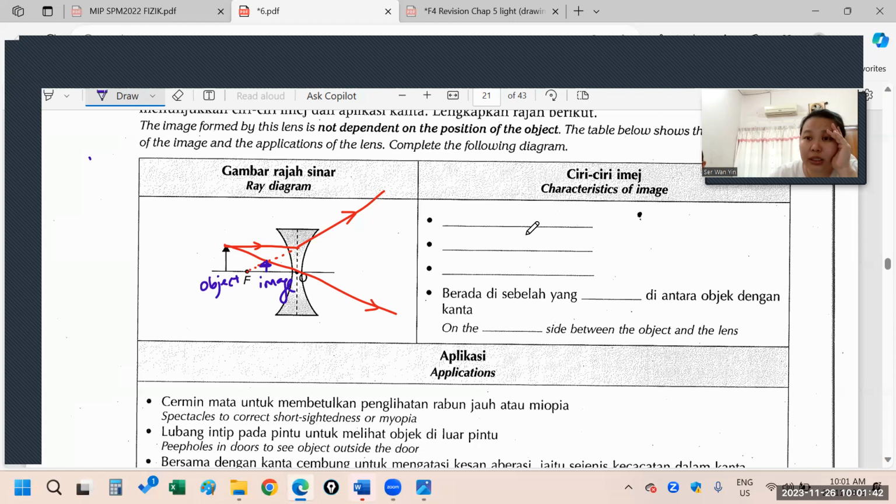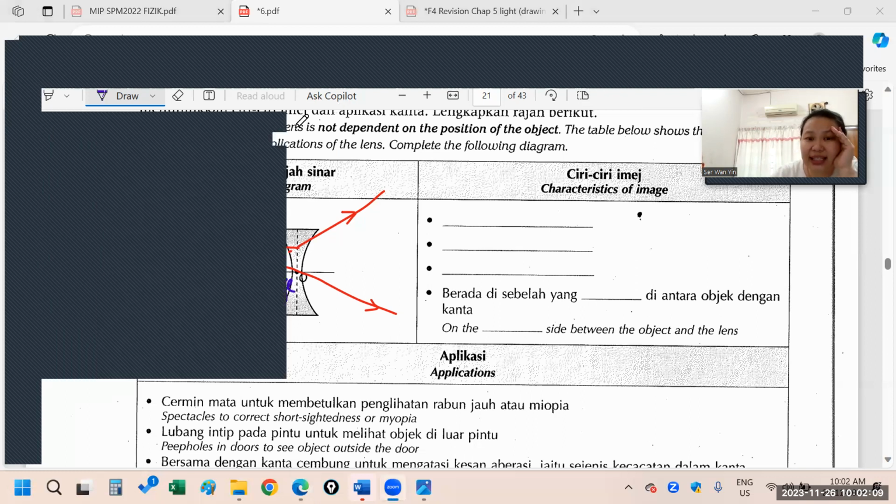So can you please tell me if the image now is magnified or diminished? Here, when the two light intersect, this is the image. Anyone can tell me now image is diminished or magnified?